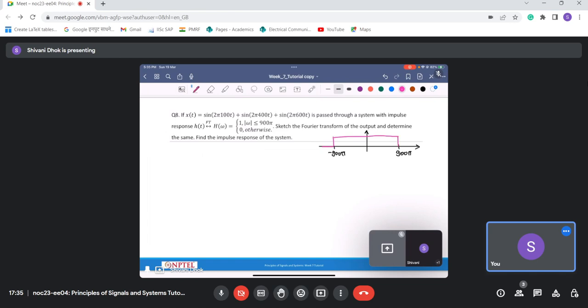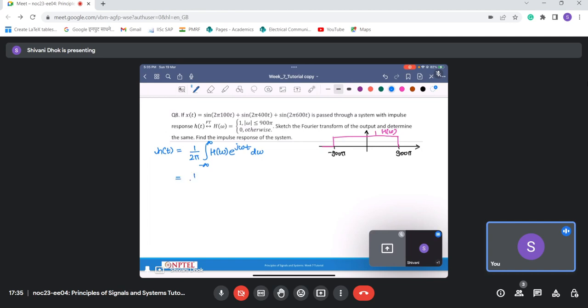From the inverse Fourier transform definition, h of t is equal to 1 upon 2 pi times the integral from minus infinity to infinity of H of omega e power j omega t d omega.